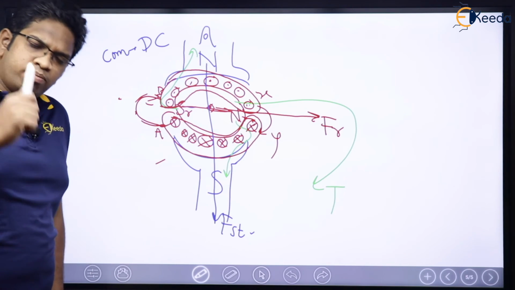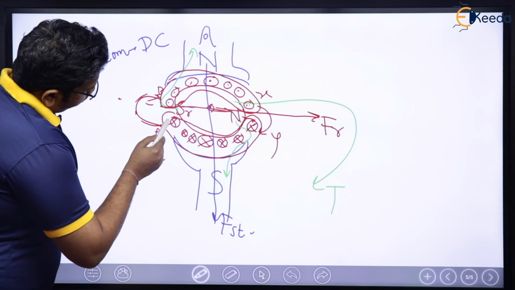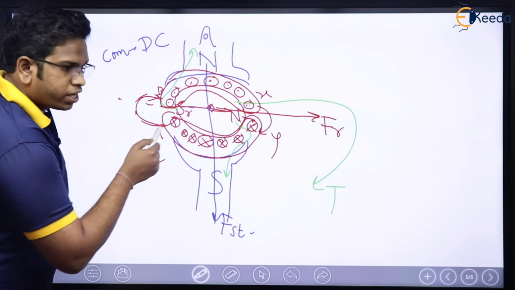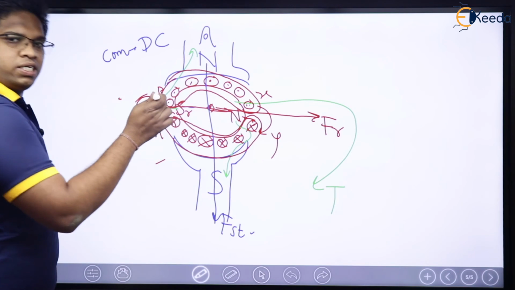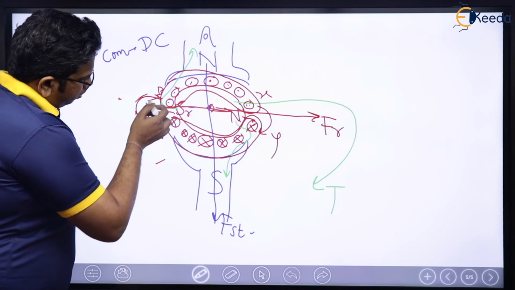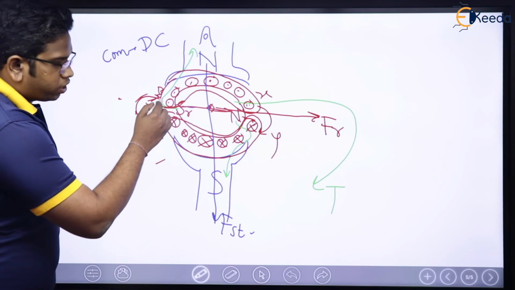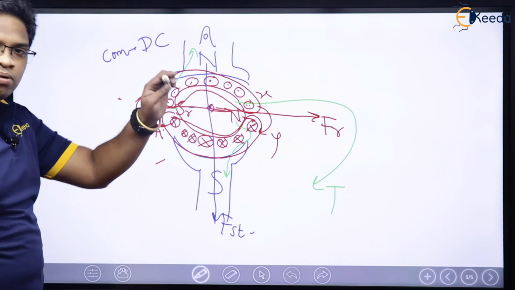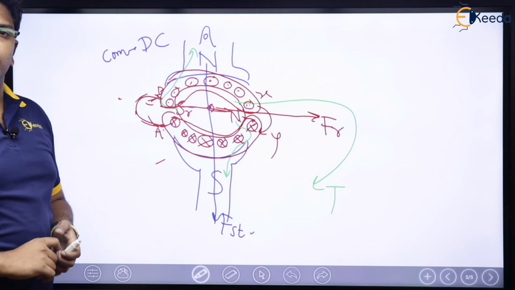I need some arrangement so that when this conductor moves here from A to B, the direction of current gets reversed. Are you getting my point? This direction of current was cross initially. Now, the moment this A reaches the position of B, this cross should turn into dot. This incoming current should now become outgoing current, into the board current should come out of the board.